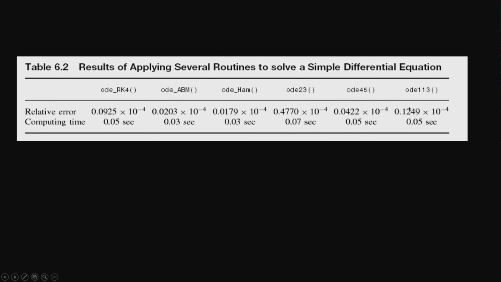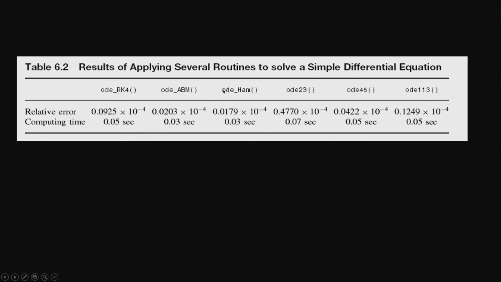So, depending upon the method you use, we can get different levels of errors and different levels of computational time. It changes dramatically. As you can see, 0.09 to 0.01, so almost 8 times less error.